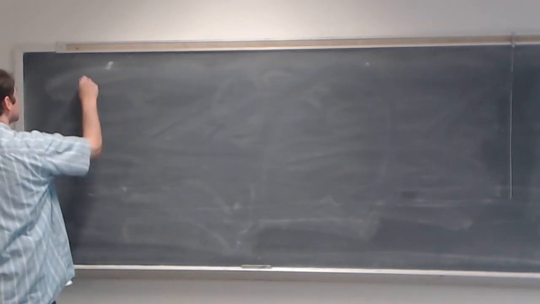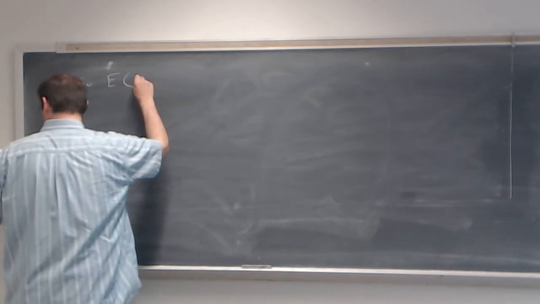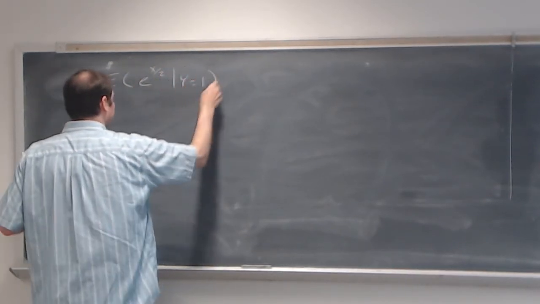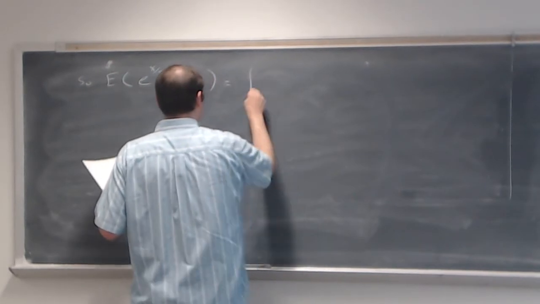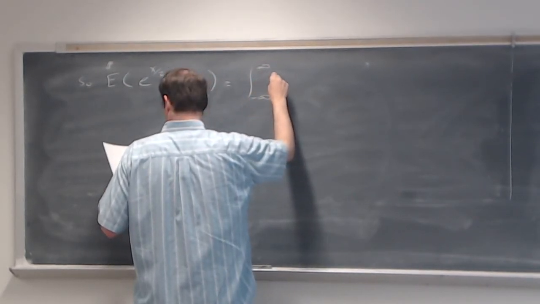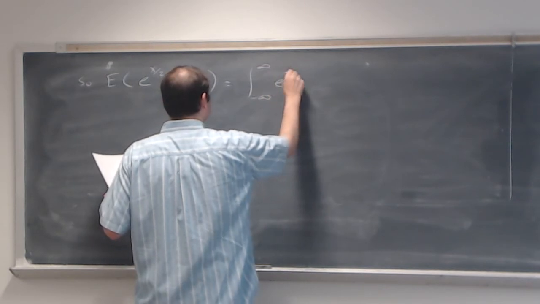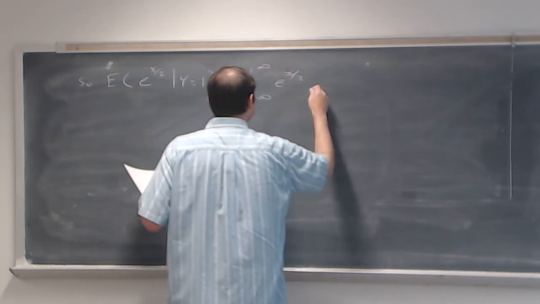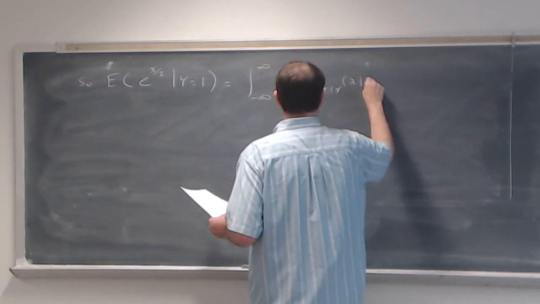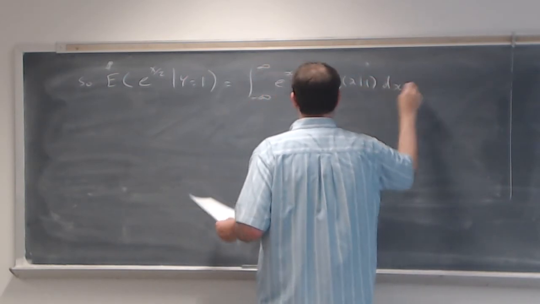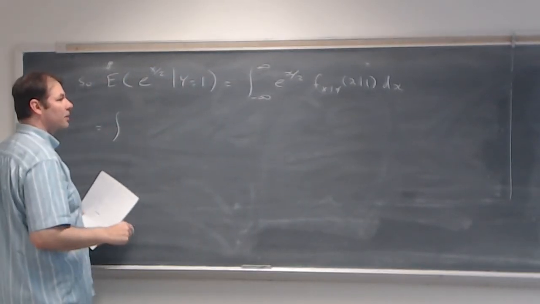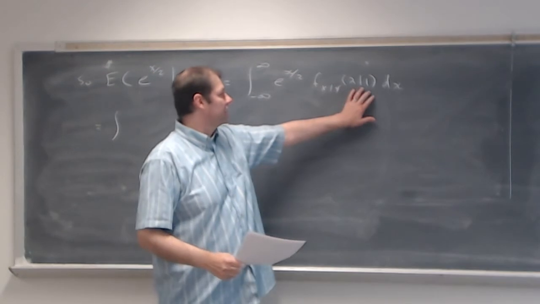So, the expected value we were looking for, e to the x over 2 given y equal to 1, is the integral from minus infinity to infinity of e to the x over 2 f of x given y of x given 1 dx.